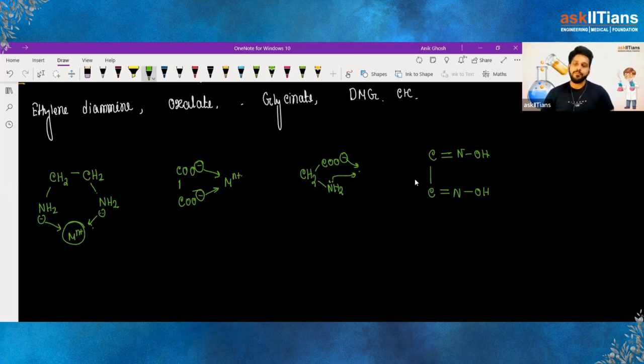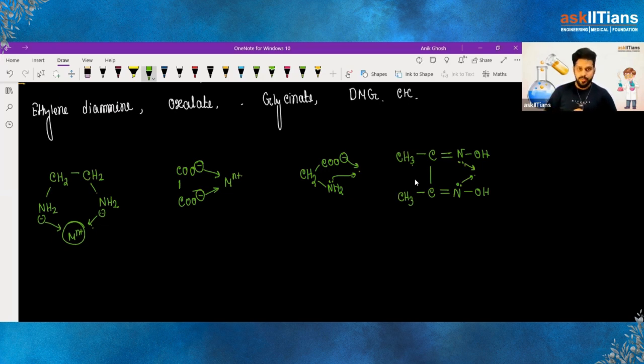So now, dimethyl. There's one methyl, there's another methyl. This is the dimethyl, trimethyl system. Donor atoms. Here, for a fact, guys, I'm going to tell you these are the donor atoms. Later on, I'm going to show you the structure. The nitrogen's lone pair, not the oxygen's lone pair.